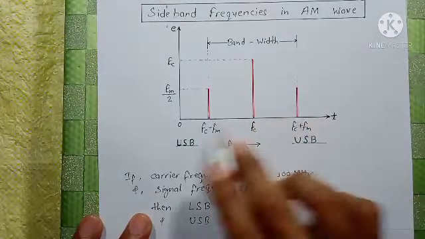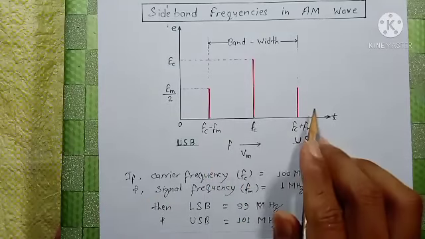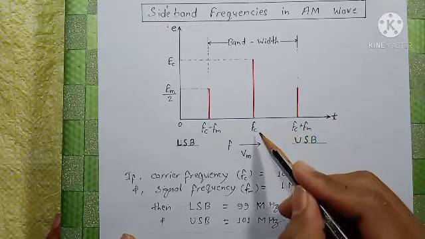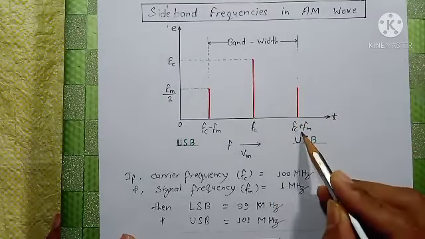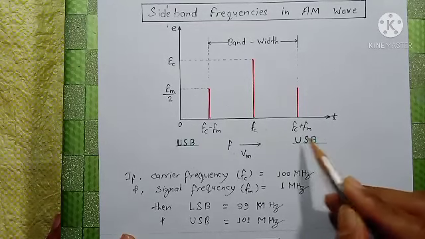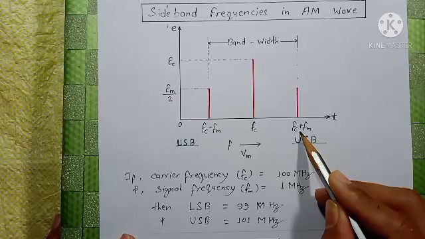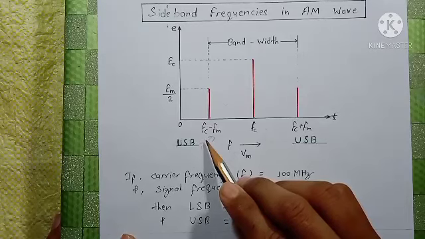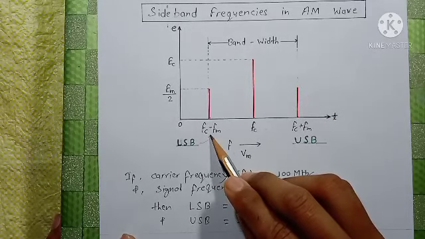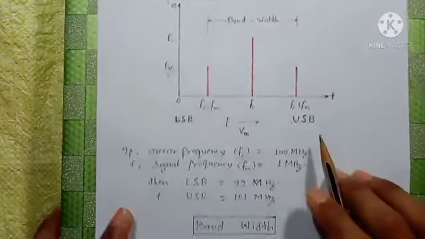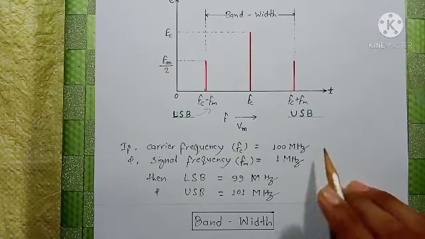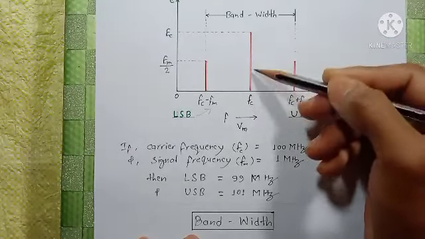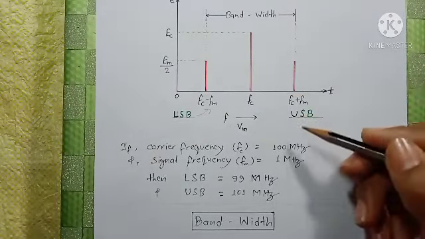This is our carrier frequency fc, this is our upper sideband frequency, the sum of fc and fm, and this is our lower sideband frequency, the difference of fc and fm. It may be noted that the carrier frequency fc is many times greater than the signal frequency.